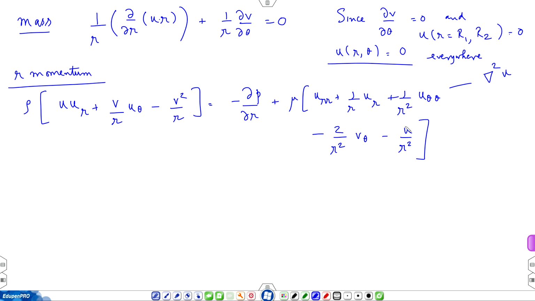But if I give you this equation, you should be able to simplify very quickly. See, u is 0, v theta is 0, fully developed, u theta is 0. But u is 0, so this term is gone, this term gone, u 0, u theta 0, but v is not 0. So, you get a pressure variation.